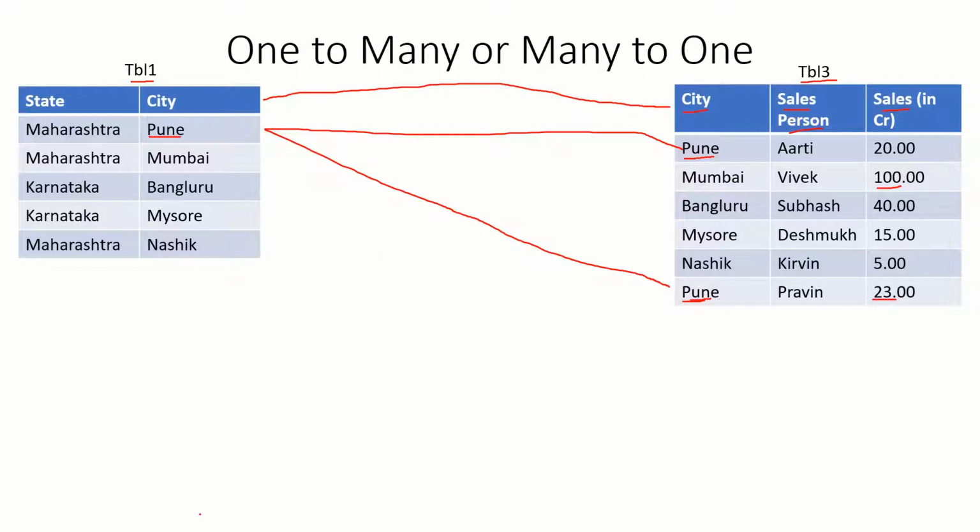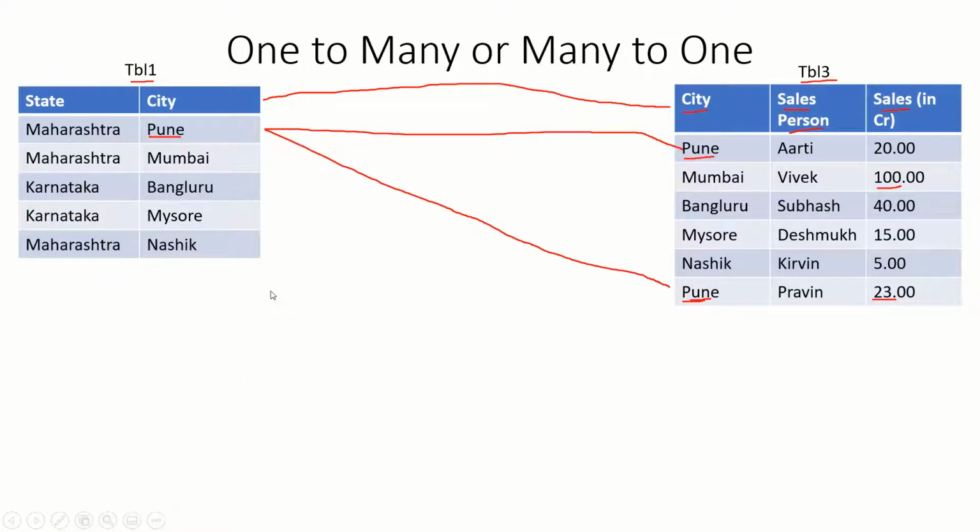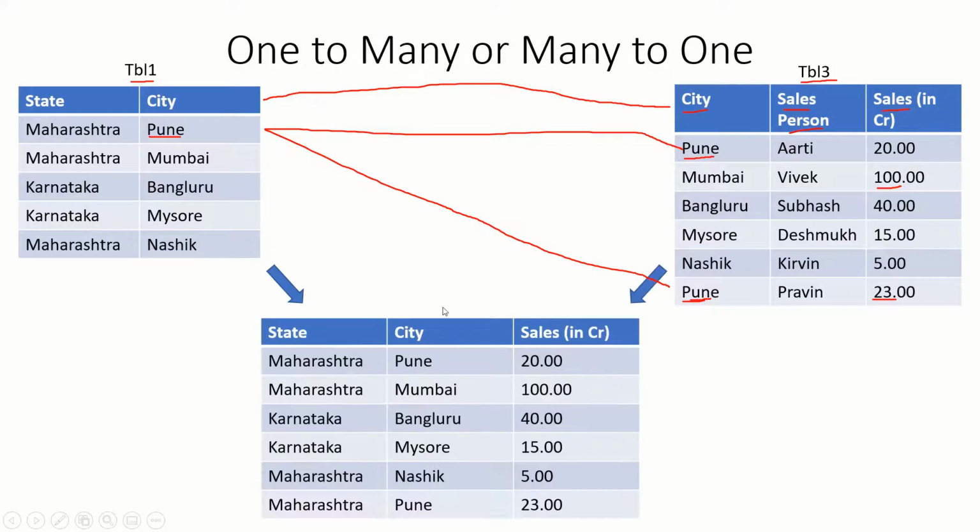If I show you the resultant table for this particular query, if we write a SQL join, it will be like this. We will get a total of 6 rows in the resultant table because there are two occurrences of Pune city, and when we join the two tables, the first row of table 1 will join with the two rows of table 3.